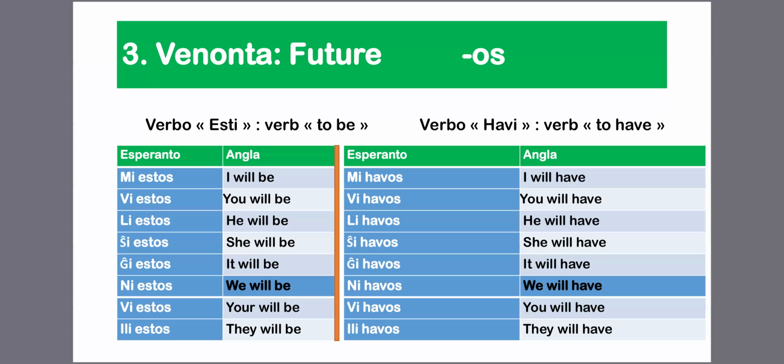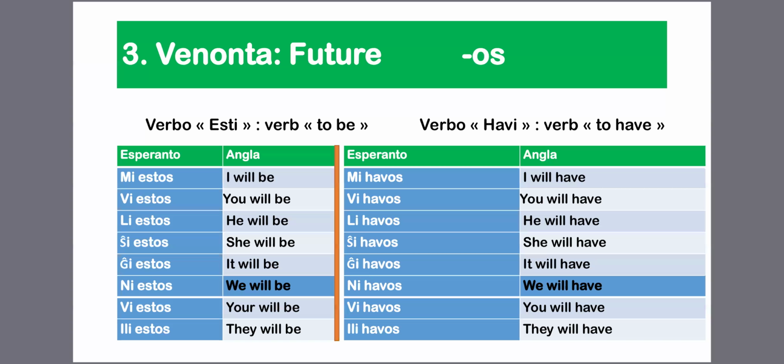So I also took two verbs, the verb to be and the verb to have, esti and havi. So if I take esti, you only add OS at the end. You remove I and you put OS as a symbol of future. I can say mi estos, I will be. Vi estos, you will be.